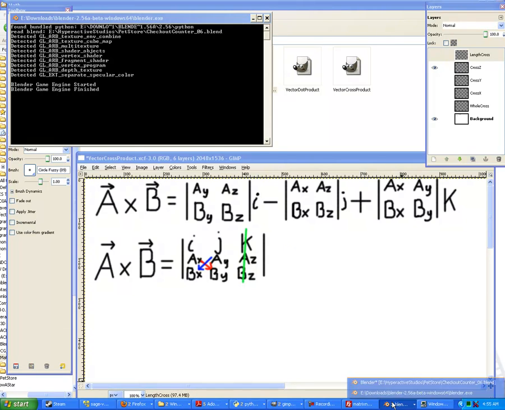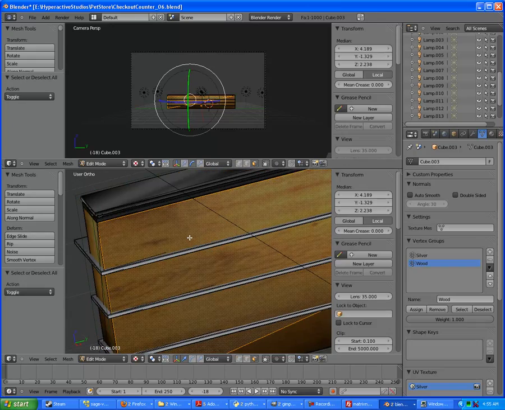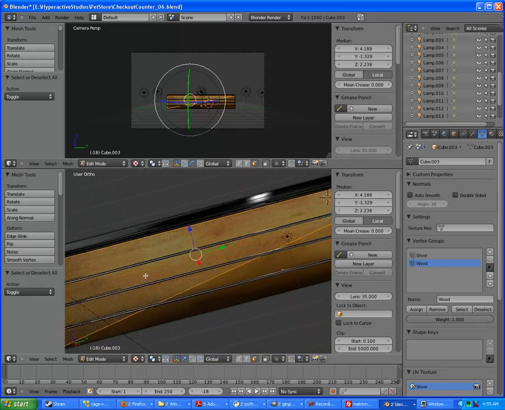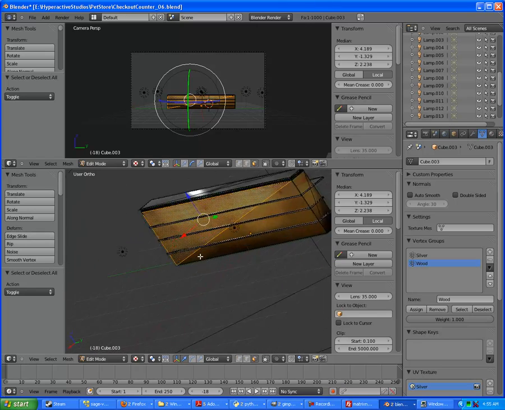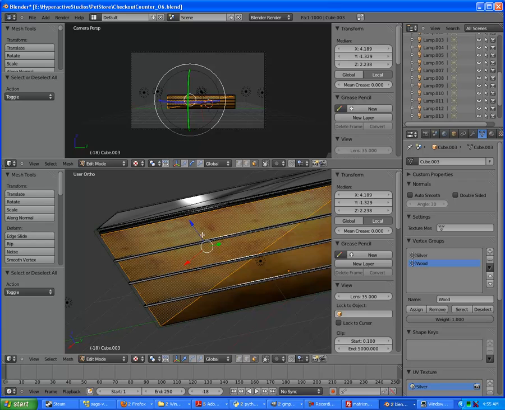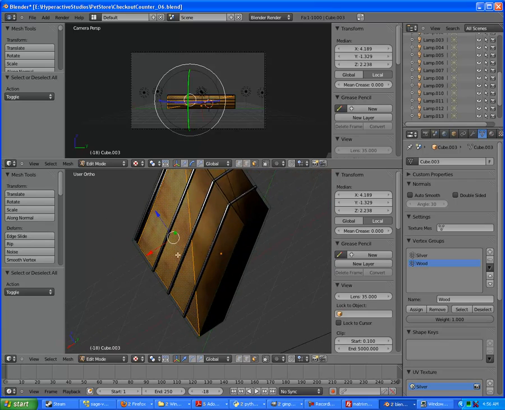Now, when I was in here, and you see all these colorized pieces here, this triangle here is a face. Just like this little X, Y, Z here, where blue is Z, Y is green, and X is red, the Z would be your normal coming off of here. And I can even set this to normal so you can see it.